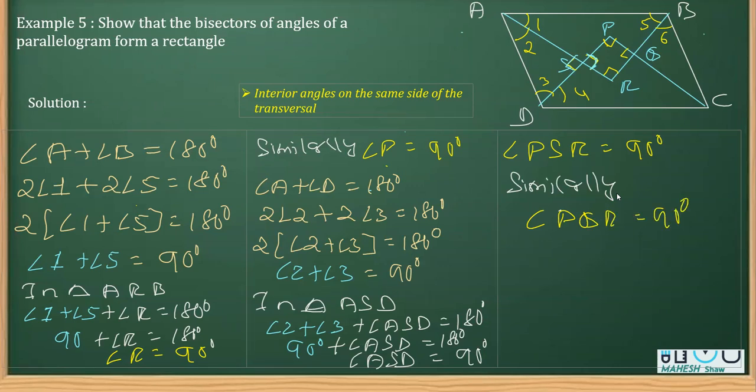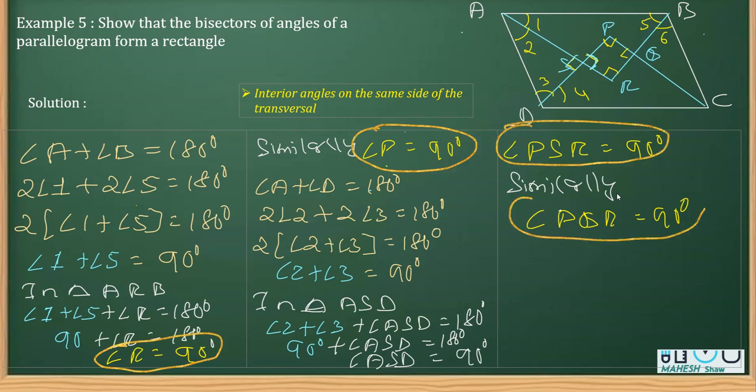Now check here, we have proved 4 angles as 90 degree. So you can see one here, the other here, third here, and this fourth here. So we can write what?